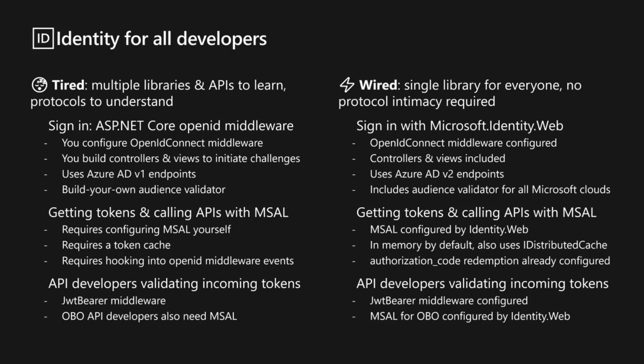All of the complexity of configuration of which thing goes where at which point, and I have to copy 400 lines out of a doc or a sample in order to make this work. The Identity.Web library aims to do the majority of that work for you with some tasteful defaults, while still managing to give you enough extensibility points and enough ejection points to do more complex work as you need to, right?